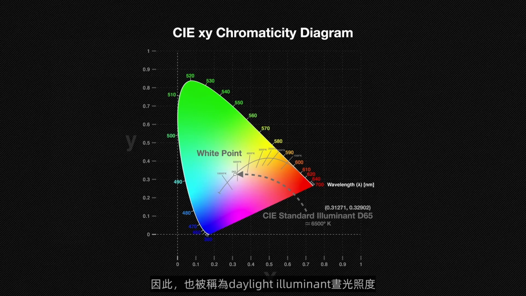Hence, it is also called a daylight illuminant, which is why they put the D before the 65, that represents 6500.